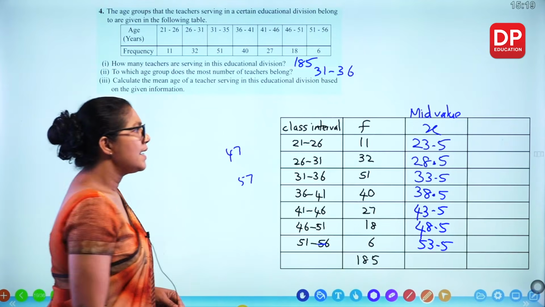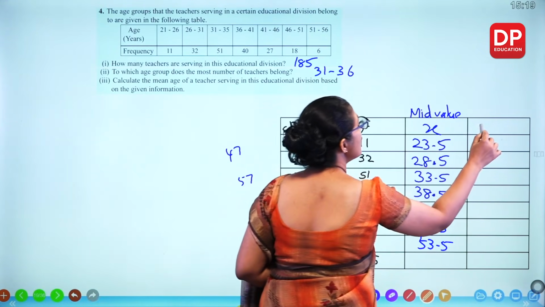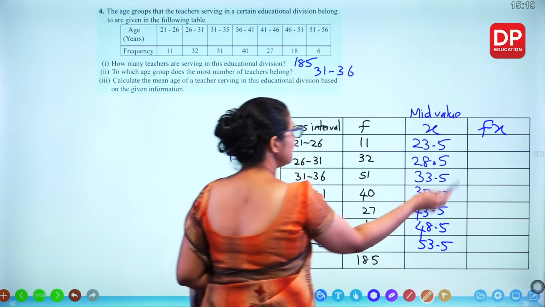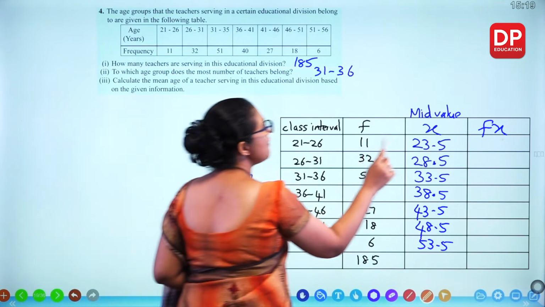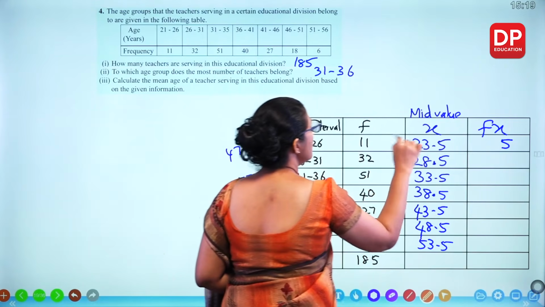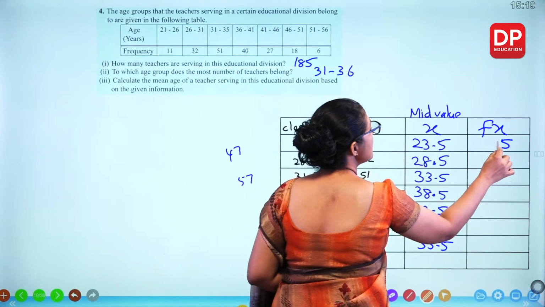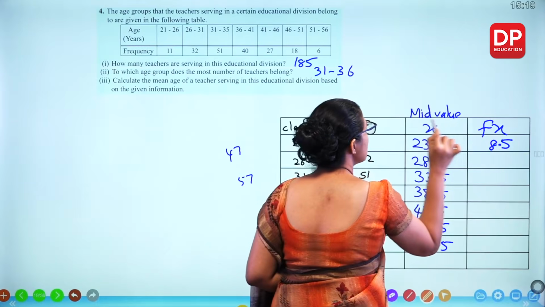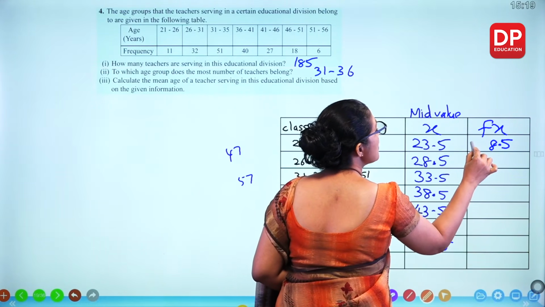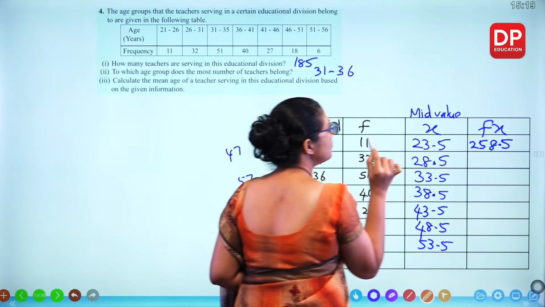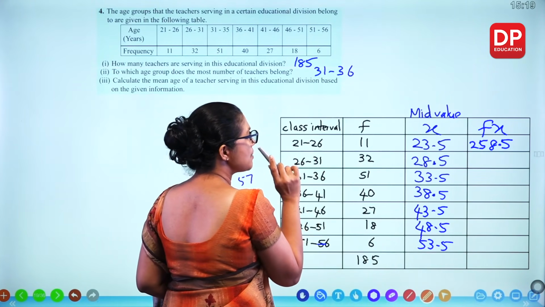Now multiply by fx. 11 times 5, 55. 11 times 2, 22. Multiply by 32.